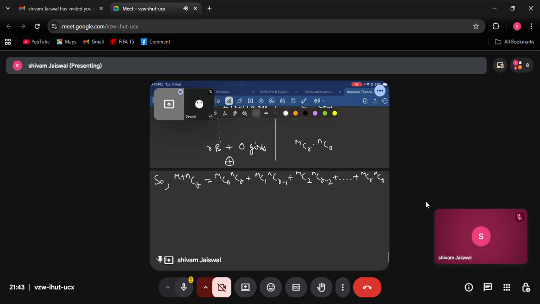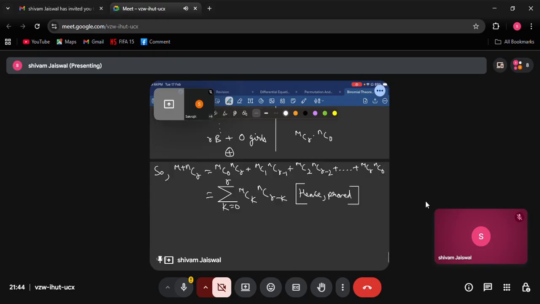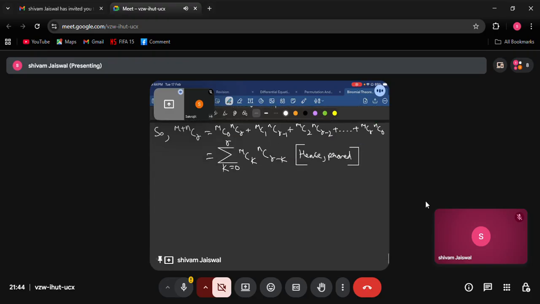This will be equal to summation of k equal to 0 to r, mCk into nCr minus k. Hence proved. Is it clear to everyone? Vandermonde's identity, I've done it using combinatorics. Yes, sir, clear.